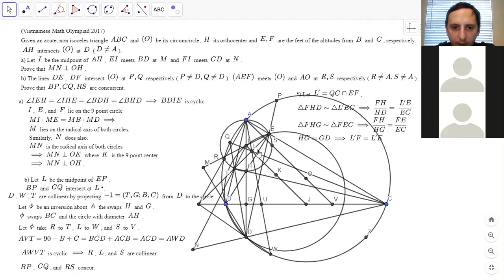But if we project onto EF, we draw the tangent at A. Sorry, it would be ELF. Because the tangent at A is parallel to EF. So if we project A, B, W, and C onto EF, then we get E, L, F and infinity, which is -1. Okay. I think I'll just move on to the next problem right now. I think I understand this proof that D, W, and T are collinear.